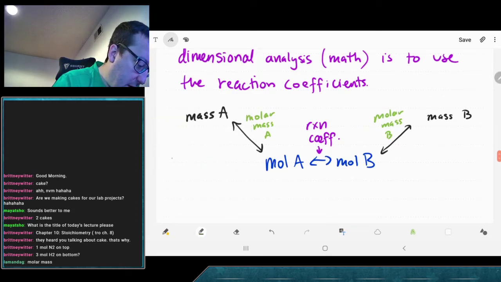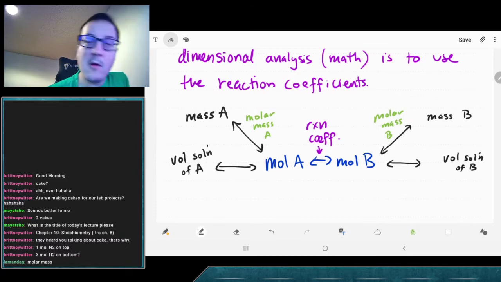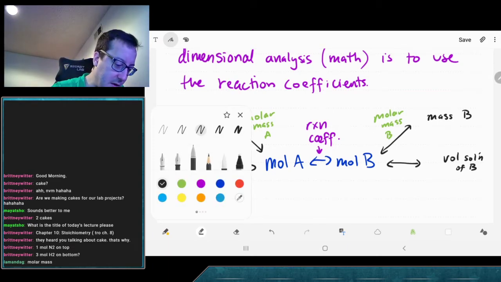How about, what if we had the volume of solution of A or B? If we had a solution of A instead, we had another conversion factor. Let's see, I'll use light blue for this one.